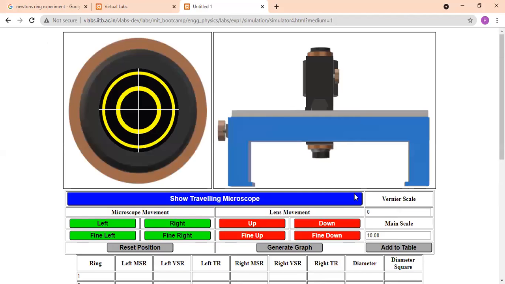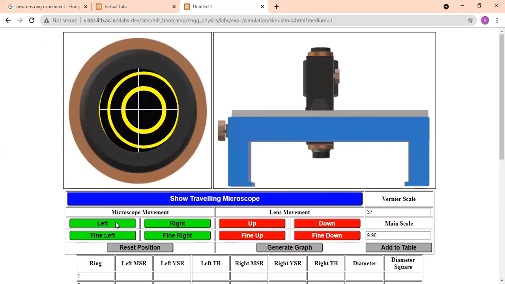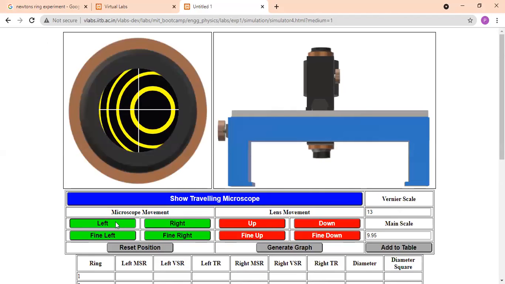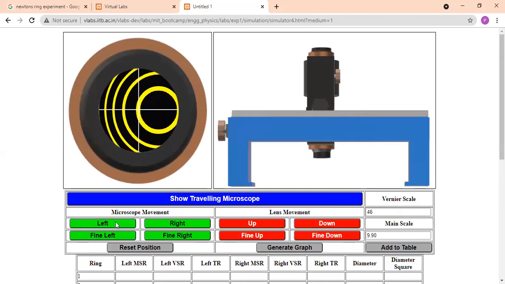So here जब आप move करोगे, right? This is the first का reading है ना, P का. तो क्या आएगा? Vernier scale is 46. Here you can observe main scale is 9.90.